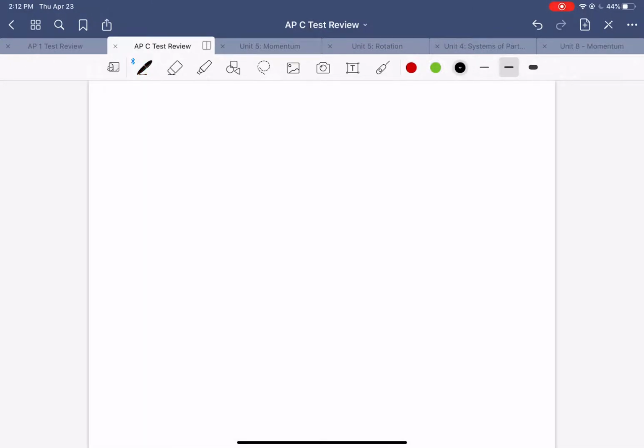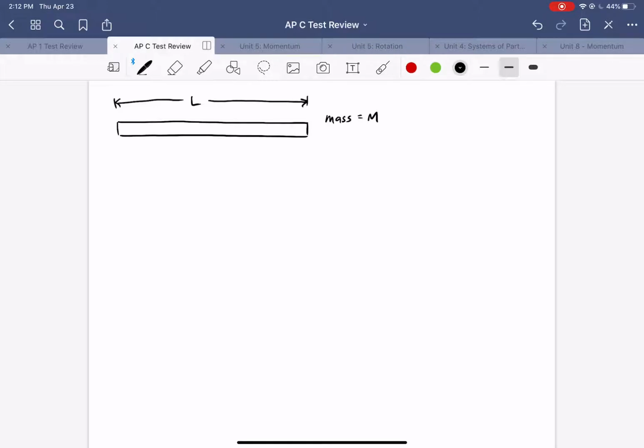All right, so let's look at that as the last example here. So here we have a rod with length L and a total mass equal to m, but it is not a uniform mass density. So the mass density is going to depend on where the mass is located.